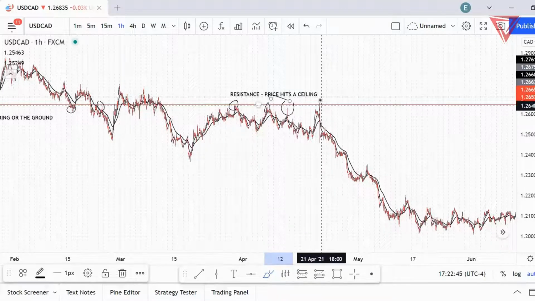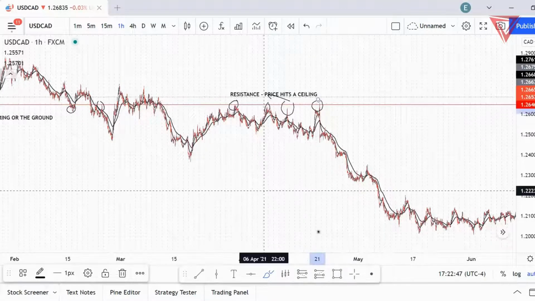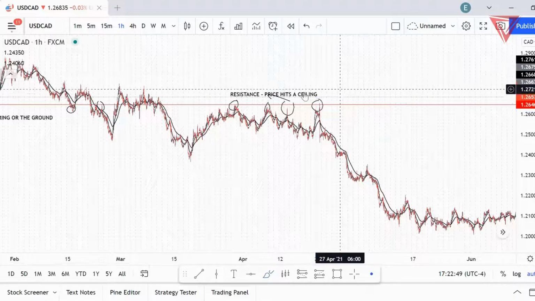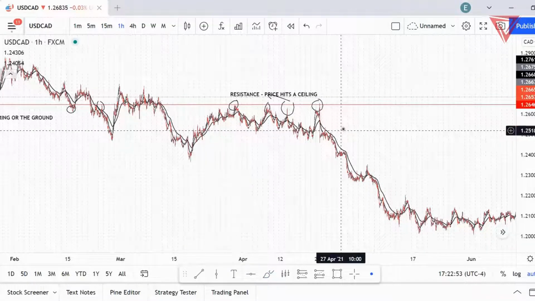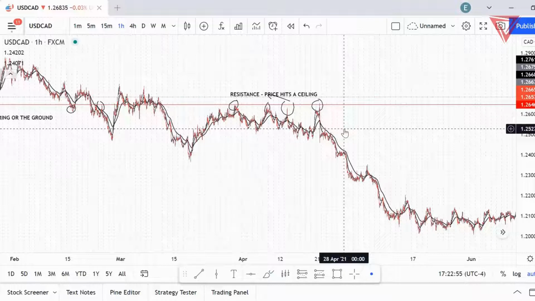Sometimes it works and sometimes it doesn't. But what you have to understand is that this is a concept you need to know in order to understand how I trade. I'm not going to go into detail on how exactly I trade in this lesson because this can get very confusing very quickly.